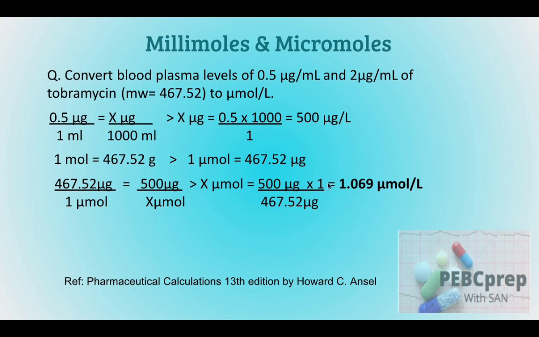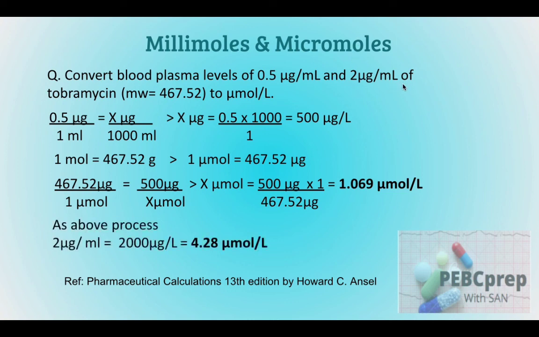When we calculate it, we finally got 1.069 micromole per liter. This is the solution of 0.5 microgram per milliliter. And similarly for 2 microgram per milliliter, we go through with the same procedure and we got 4.28 micromole per liter.